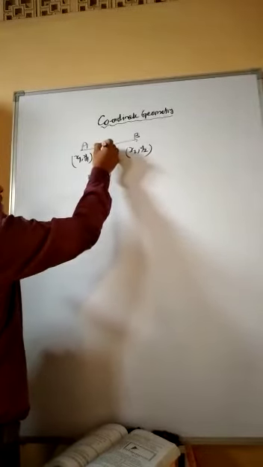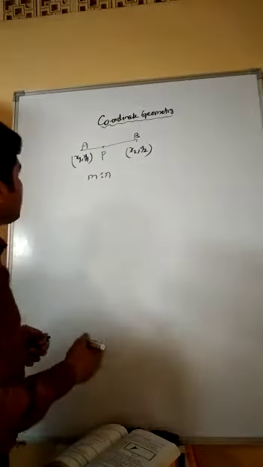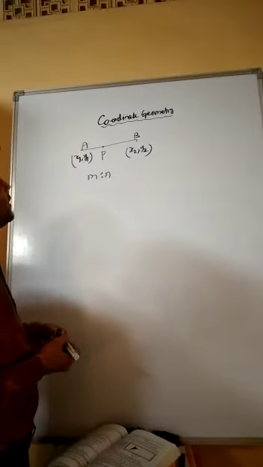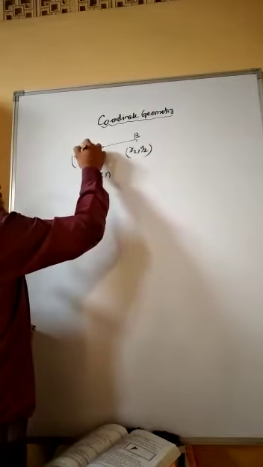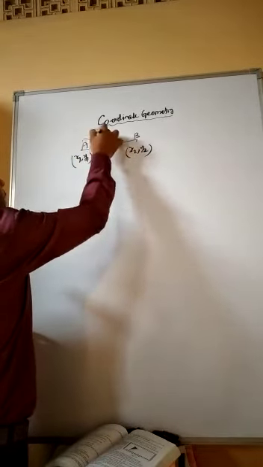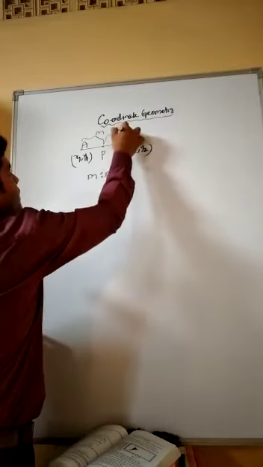Internally is important because this point P will every time be inside the line segment joining A and B. Suppose this length is m and this length is n. So what is the coordinate of the point? Directly we can use the section formula.